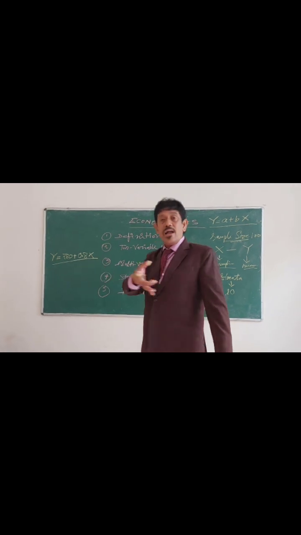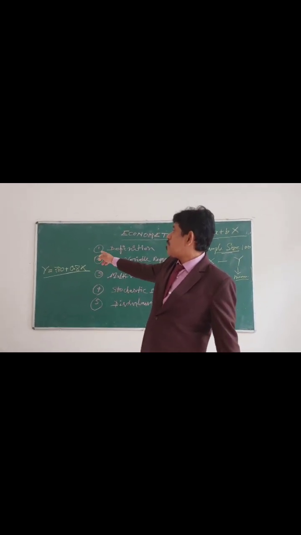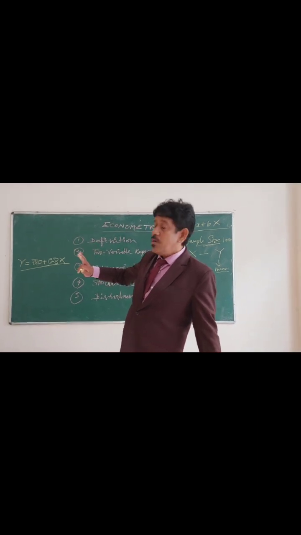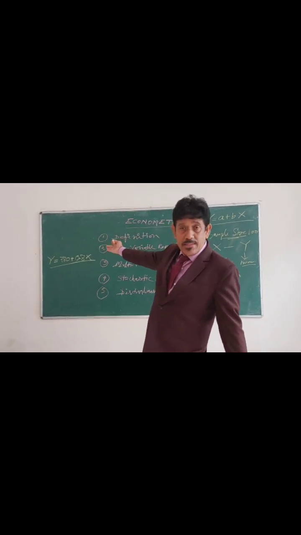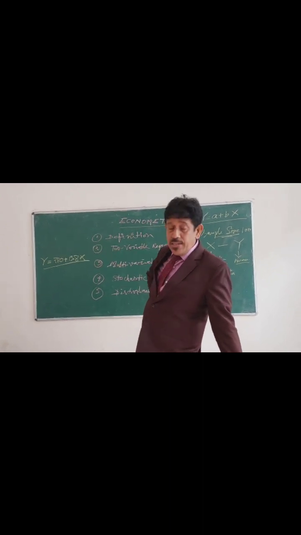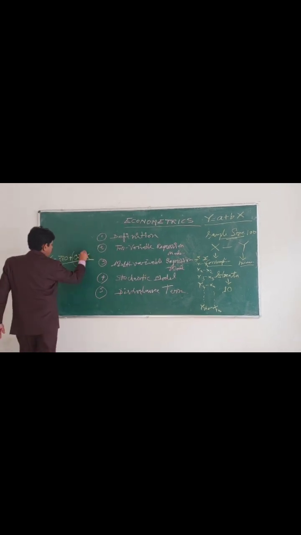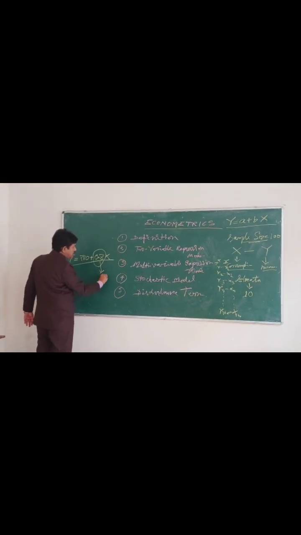Again, coming back to the earlier explanation, what is 780? It is the intercept of the consumption function. That is, when income is 0, when x is 0, y is 780. Now what is 0.8? It is the MPC.